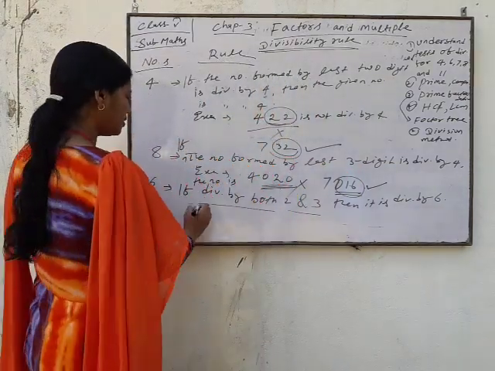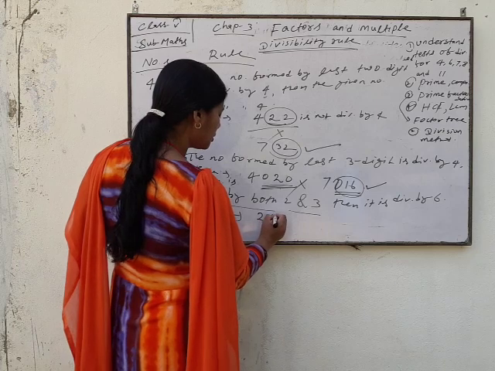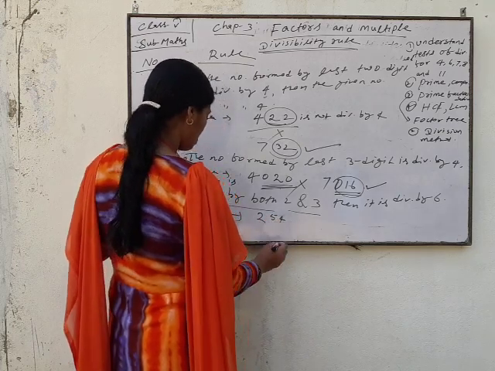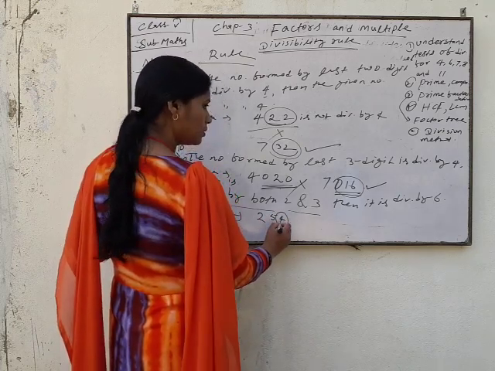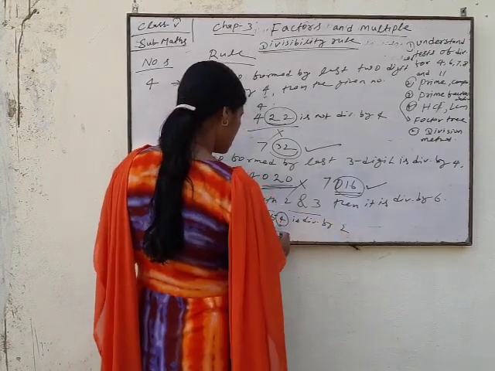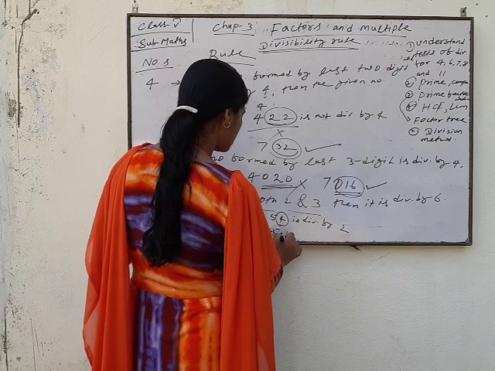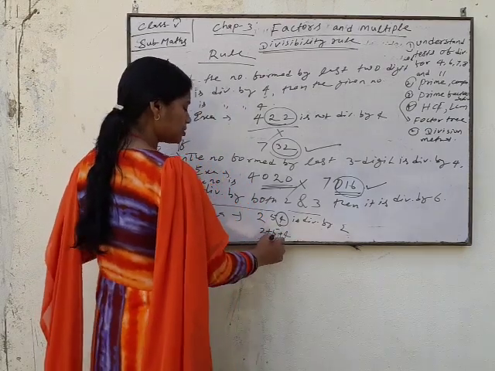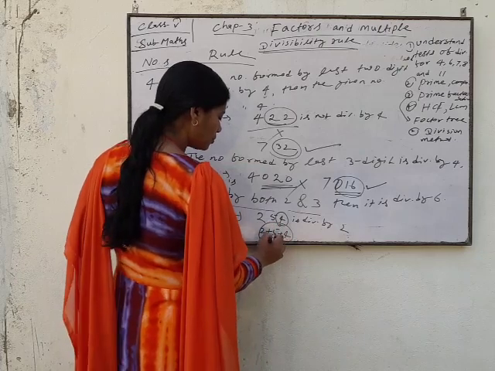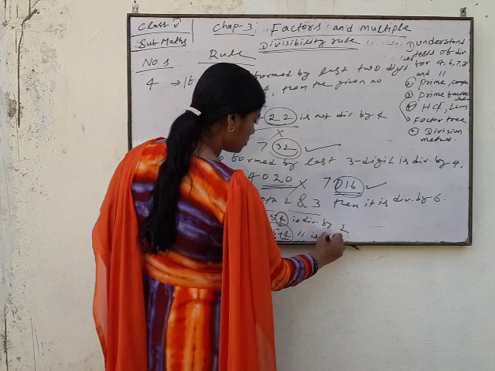Okay, your example, suppose 254. The last digit is 4, so this is divisible by 2. Now add: 2 plus 5 plus 4 is 11, which is not divisible by 3.